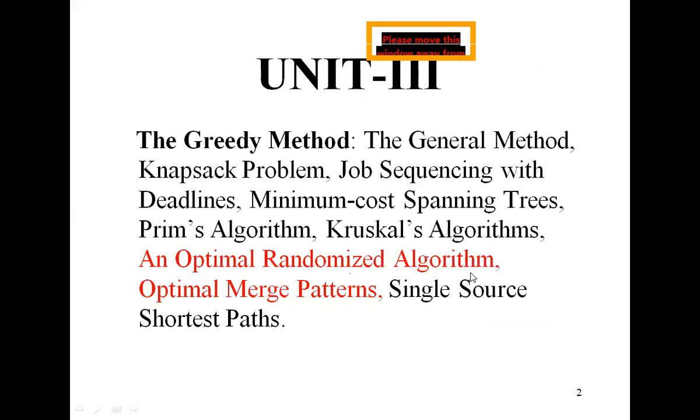This is an algorithm using random sampling of edges so that the number of edges can be reduced and the nodes also can be reduced, so that the algorithm can be executed at a fast rate. So we are improving our deterministic minimum cost spanning tree algorithm by using the optimal randomized algorithm.